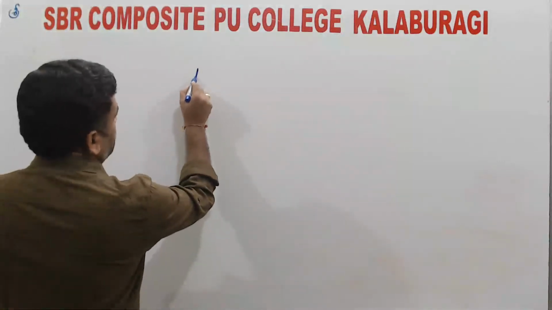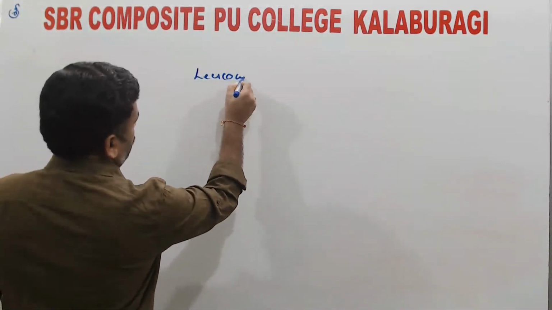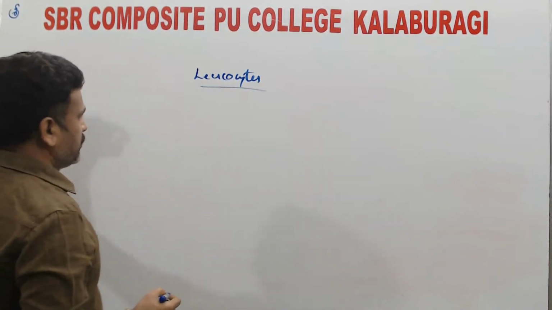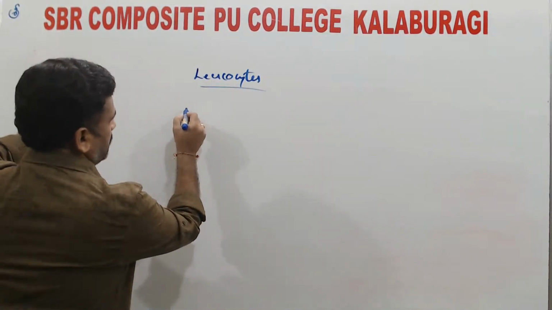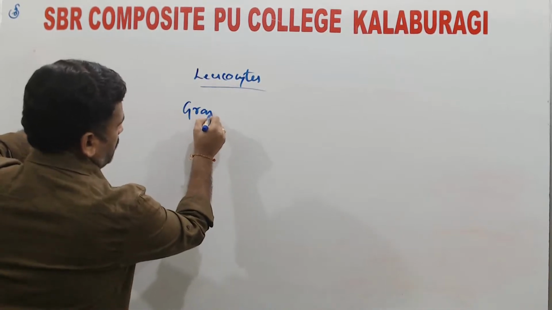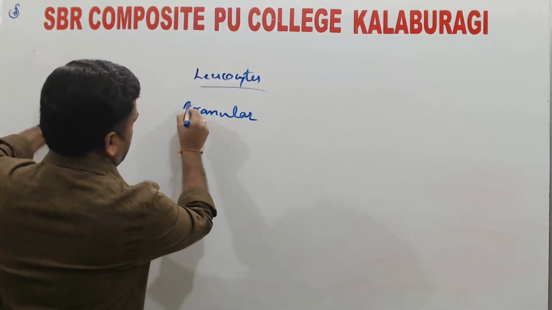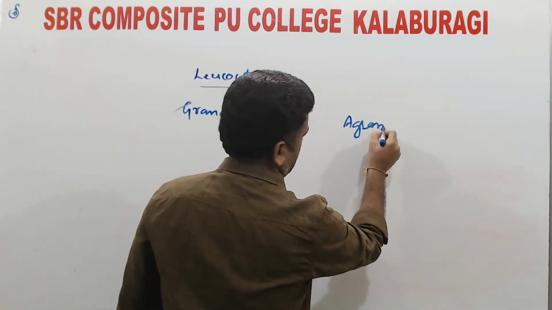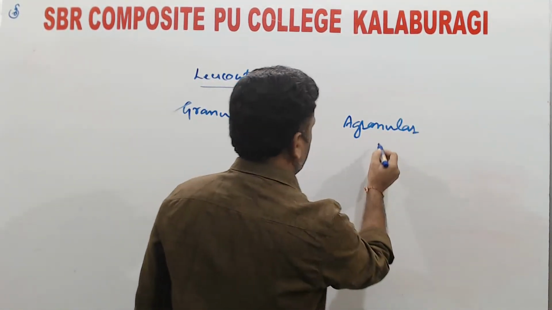So granulocytes, these are the leukocytes. These leukocytes are of two types: granular leukocytes and agranular leukocytes.